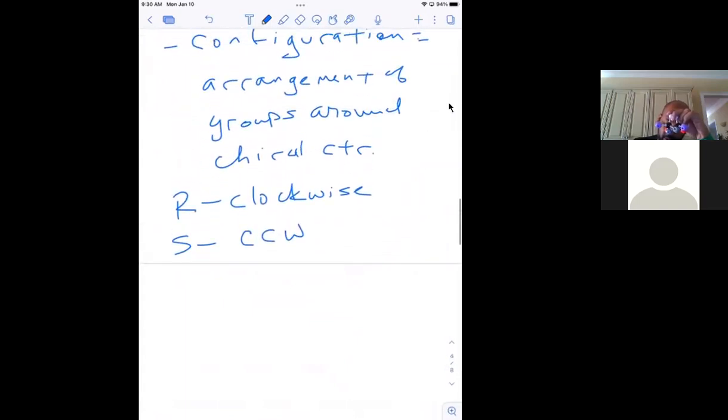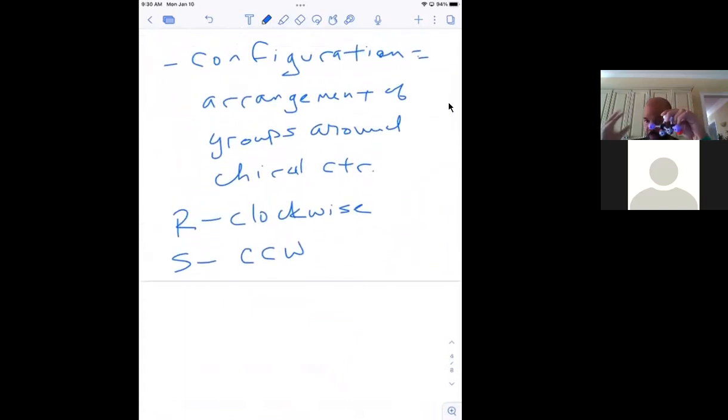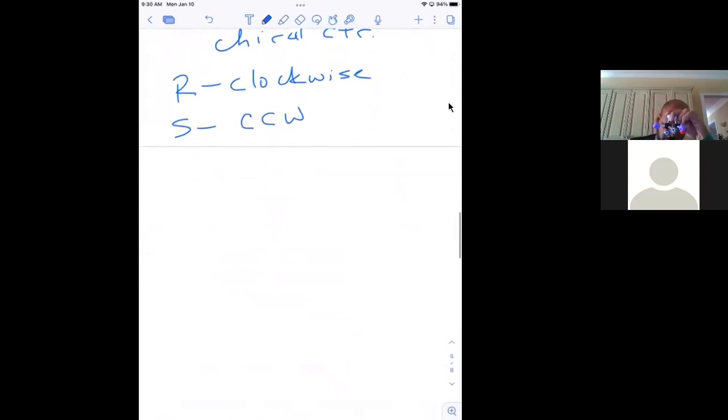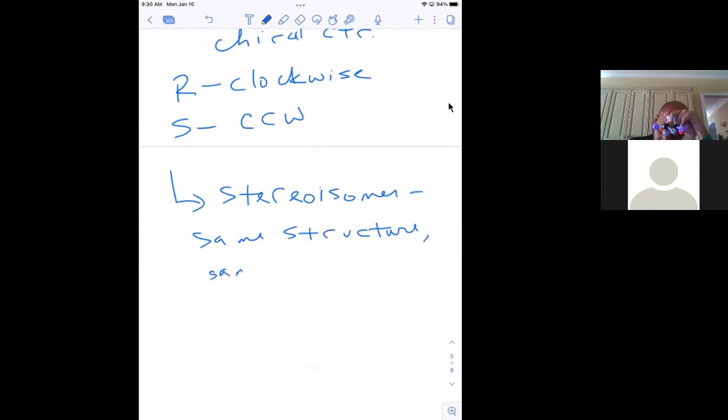We got an enantiomer, which is a non-superimposable mirror image, but we also know that an enantiomer by definition is what we call a stereoisomer, which has the same structure and the same molecular formula, but a different 3D orientation.